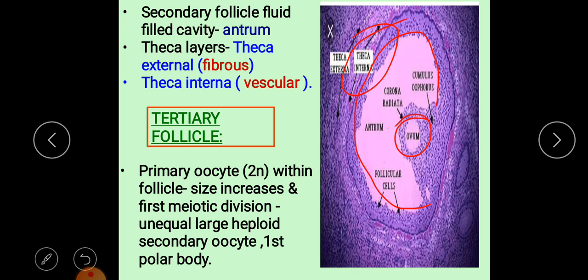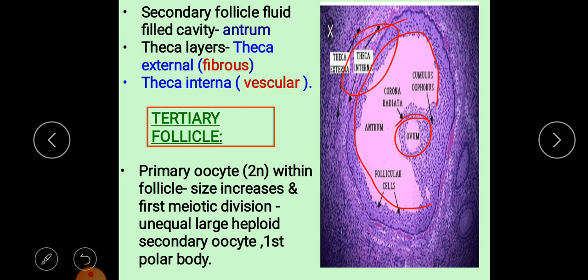Okay, and what happens in this tertiary follicle structure? The primary oocyte within this follicle increases in size, and it completes its first meiotic division when it reaches the tertiary follicle.